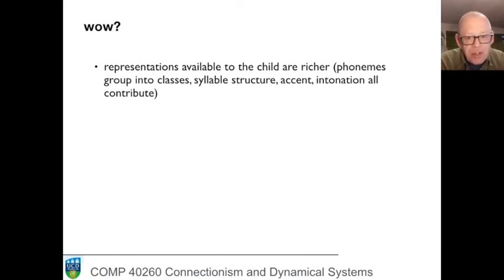The representations that are available to children are far, far richer than the single 1 or 0 of a localist representation. Phonemes, after all, group into classes. They also form part of syllables. Syllables have information. There's non-segmental information in the rhythm, in the melody, in the voice quality, and of course a ton of information in the context in which speech is spoken. None of this features at all in the network.